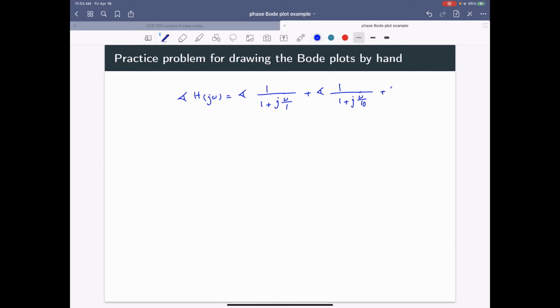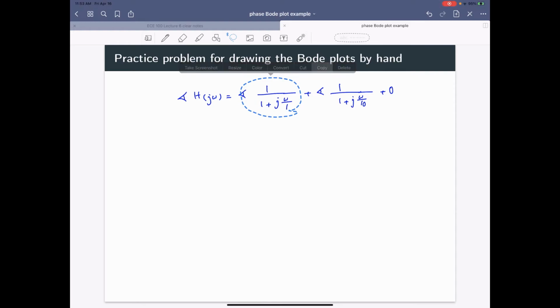And then plus 0 degrees, which is 0, so you can even discard it. All right, so we want to plot the angle of 1 over 1 plus j omega over 1 separately, and then the other one, and then we are going to add them to get the complete phase plot.